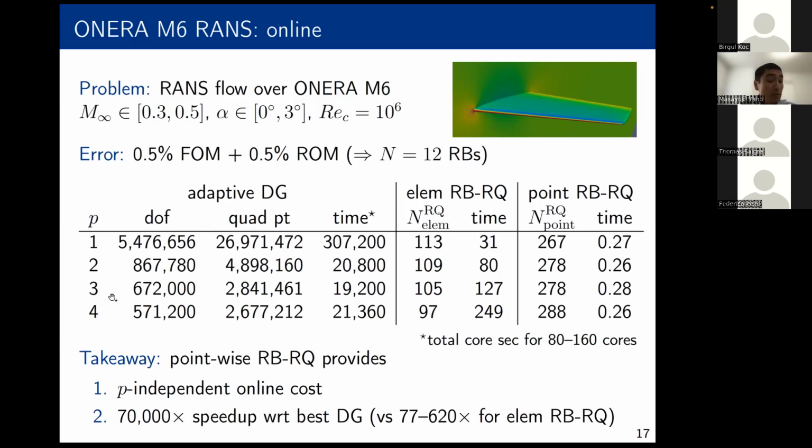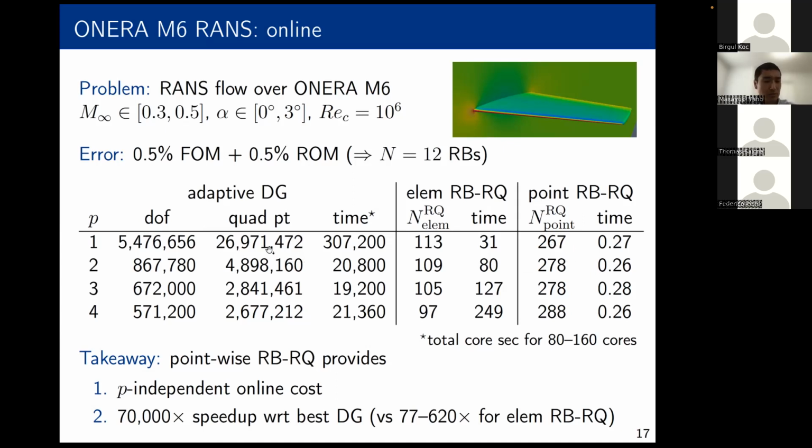So with this point-wise formulation, takeaway is that we achieve P-independent online cost. And in addition, we provide about a factor of 70,000 computational speed up. So this method is, in general, more efficient than element-based version, and in particular, when we are looking at higher order discretizations.